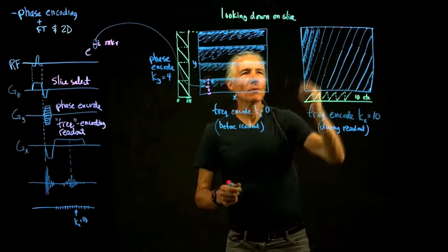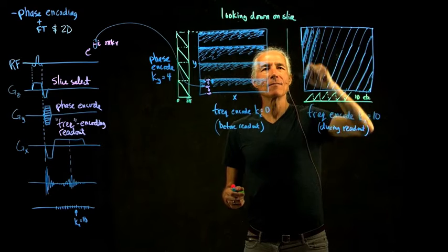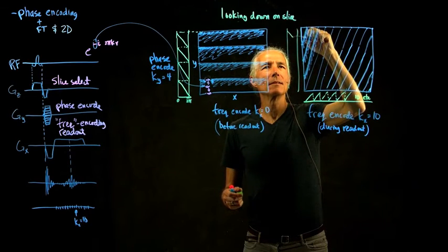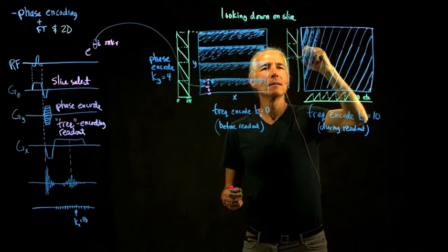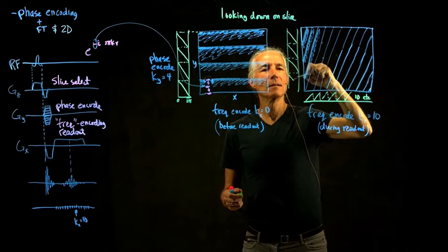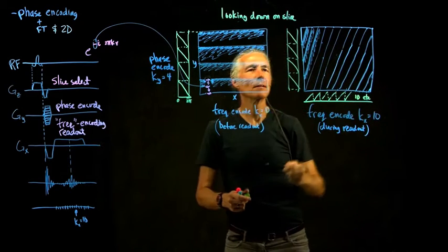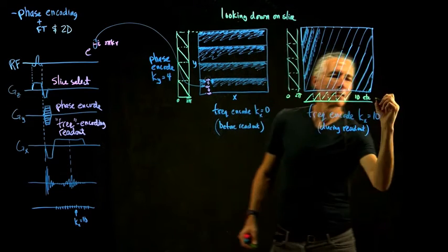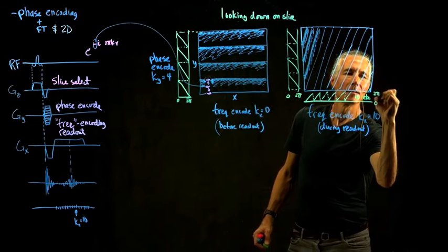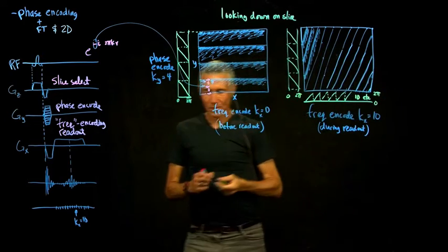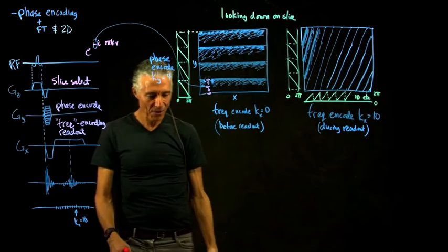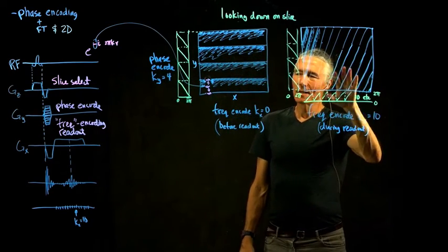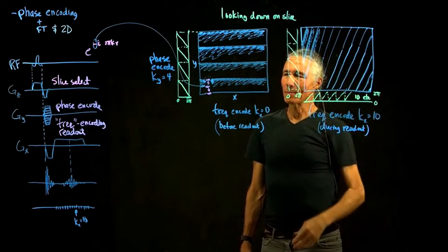Now, if we go in this direction, we haven't done anything to the phase encode, and so the phase encode should just be the same as it was. So this is 0, 2 pi. This is 0, 2 pi. So the question is, how does this work so that it doesn't mess up the other direction of stripes?